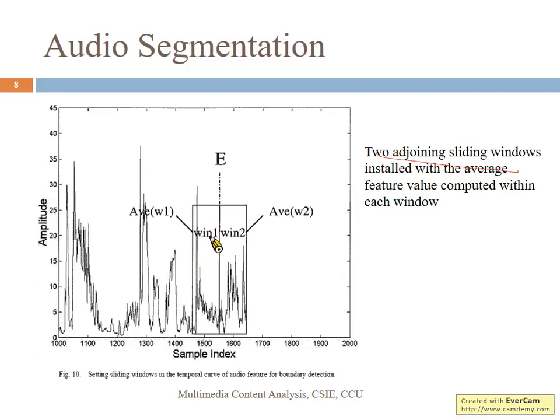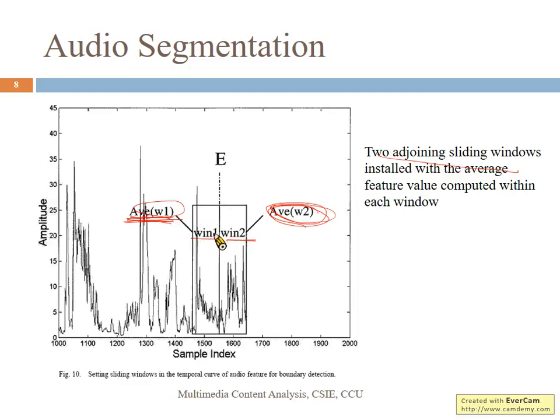For the first part, we calculate the average audio features, and we also calculate the average audio features for the second window. Then we calculate the difference between these 2 consecutive windows.